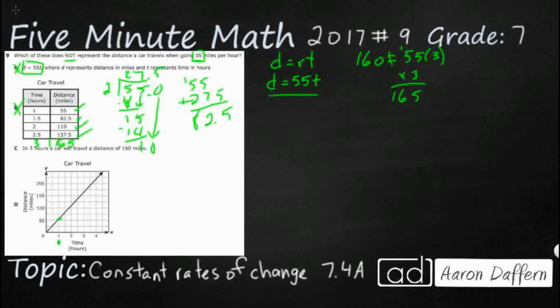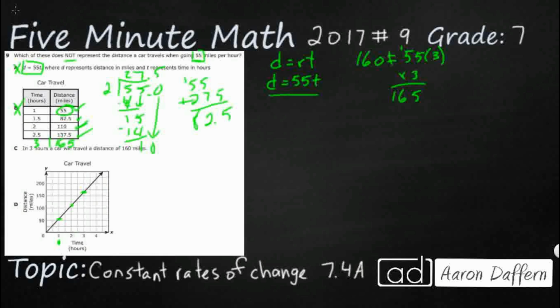So there's my 55. My 2 is definitely above that 100. So there's my 110. We said 3 was 165. So 3 was going to be up here about halfway above that 150. So visually that looks like it's going to be okay, right?